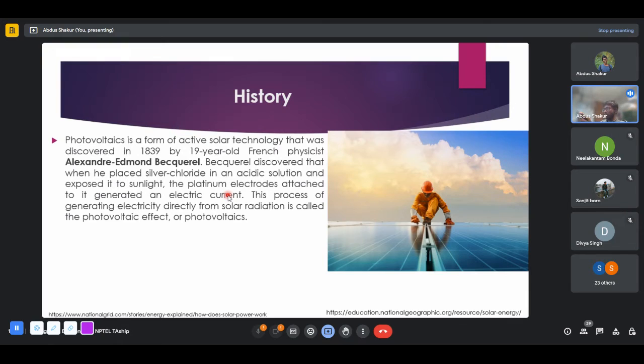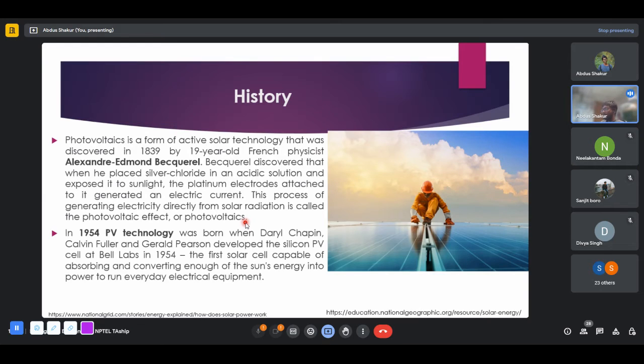And so this process of generating electric current from solar radiation is called the photovoltaic effect, or photovoltaics. The process was discovered earlier, but somewhere around 1954 is when the first solar cell capable of generating enough electricity to run everyday electrical equipment was developed by people from Bell Labs.